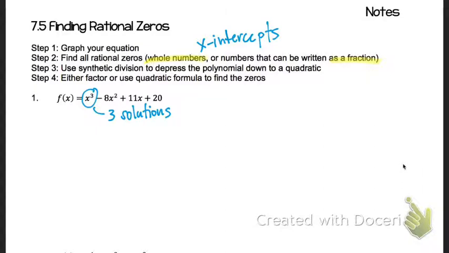You can divide out a whole number, you can divide out a fraction. You can't divide out an irrational number like a square root, or an imaginary number. You can't even see the imaginary solutions.